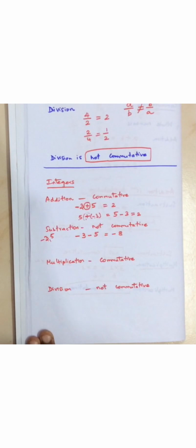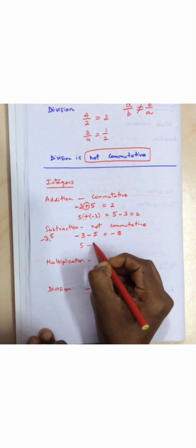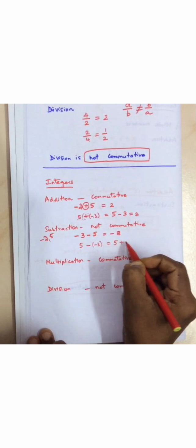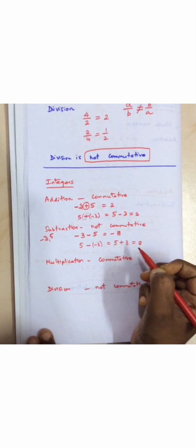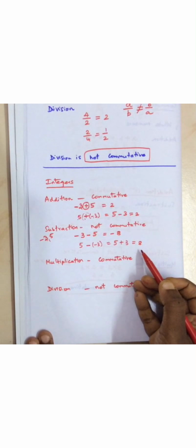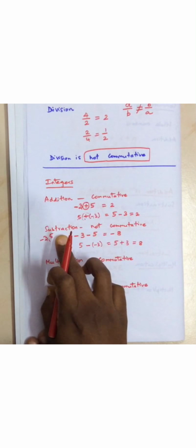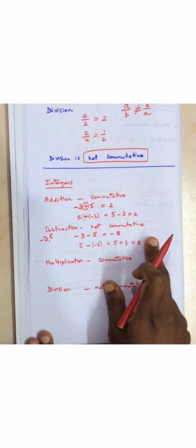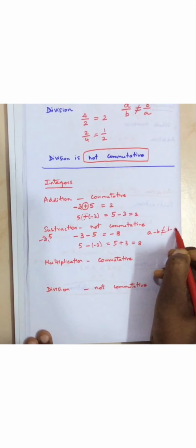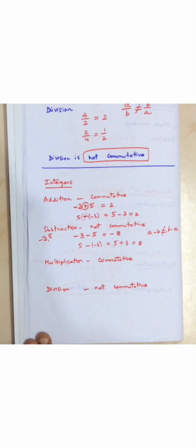Now I interchange: 5 minus minus 3, minus into minus is plus, so 5 plus 3 gives 8. Note that here it is minus 8 and here it is plus 8, so the answers are different. So subtraction under integers is not commutative. a minus b is not equal to b minus a. We can do some more examples and verify the answers.